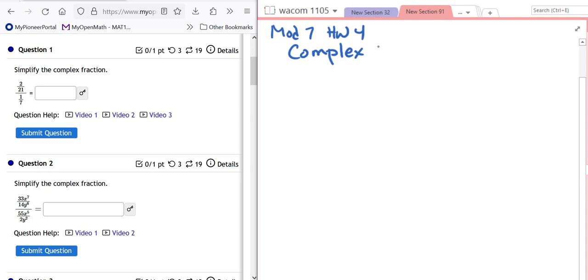And a complex fraction just means it has a fraction in a fraction, and you're not allowed to leave an answer like that. And so you have to clean that up. For these that only have one piece in the denominator, I'm going to show you 2 ways on this one problem, but really the other method is better because it works on everything.